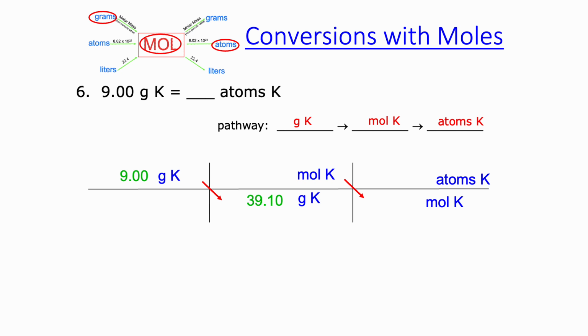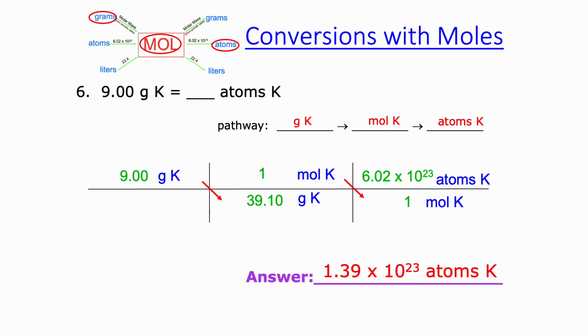So we're going to look up the molar mass of potassium, which is 39.10 per 1 mole. And then atoms is always Avogadro's number, 6.02 times 10 to the 23rd per 1 mole. Multiply across the top, divide by the product of the bottom, and if you have 9 grams of potassium, you have 1.39 times 10 to the 23rd atoms of potassium.